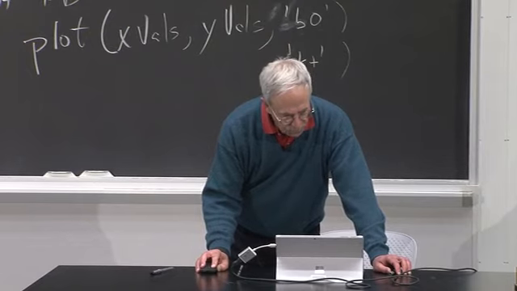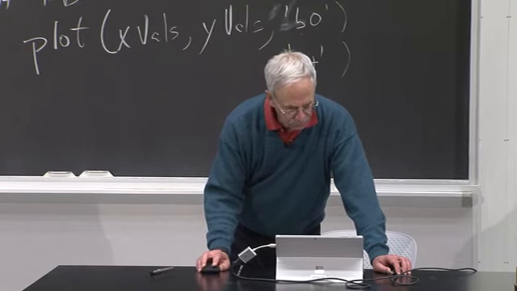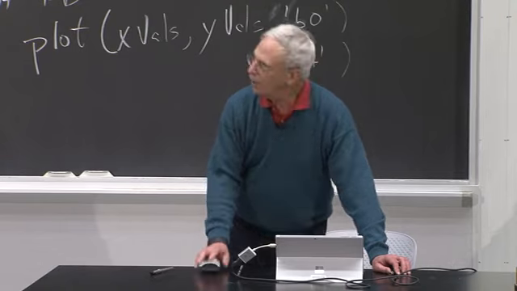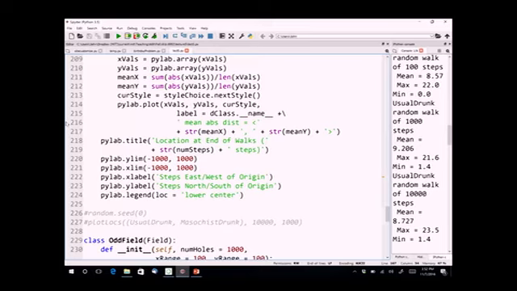And then finally, down here, you'll see that I did things like you want to put titles on the slides. So on the graph, here's the location at end of walk. Title is just a string. You want to label your x and y axis. So I've labeled them here.